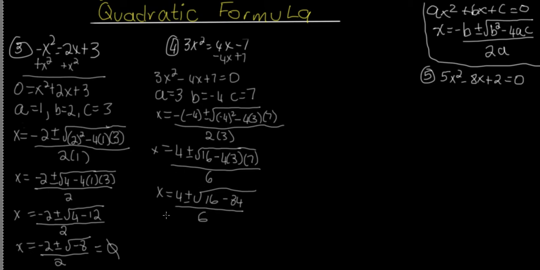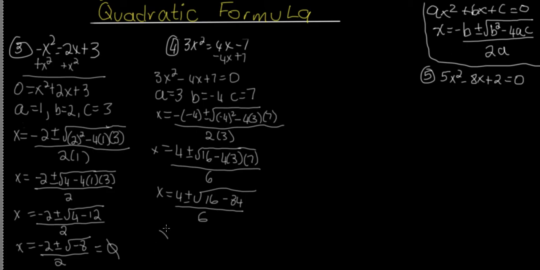Okay. So here we're going to subtract 16 minus 84. Okay. I'm going to grab my calculator real quick and work that out. 16 minus 84 is -68.